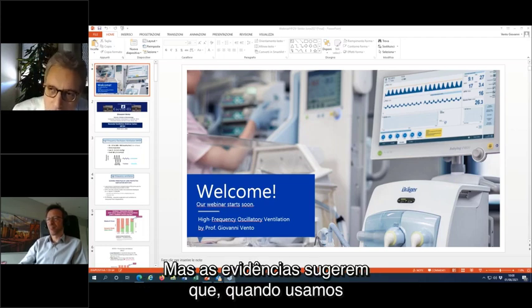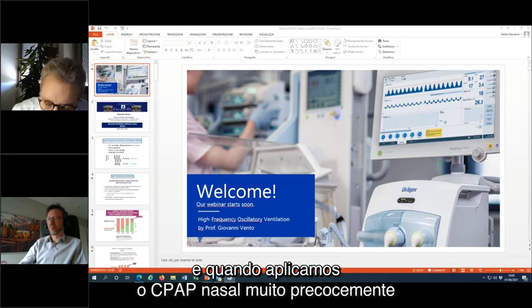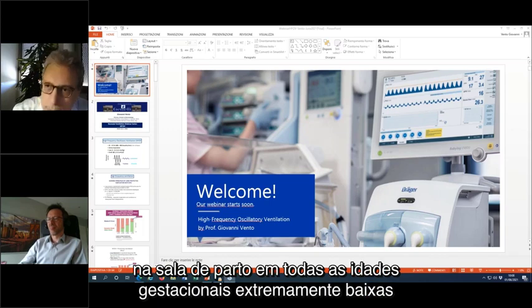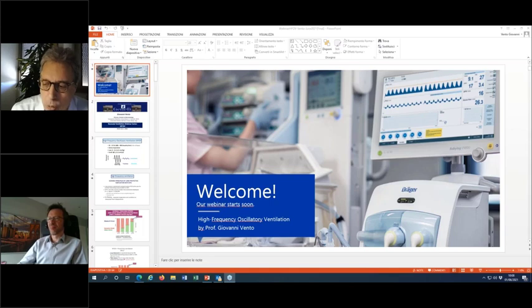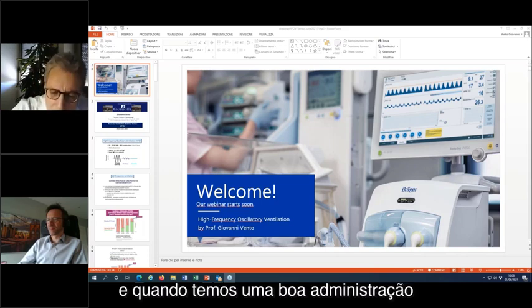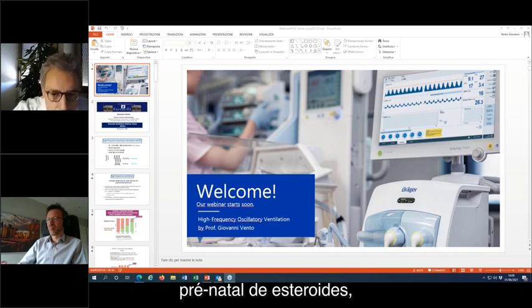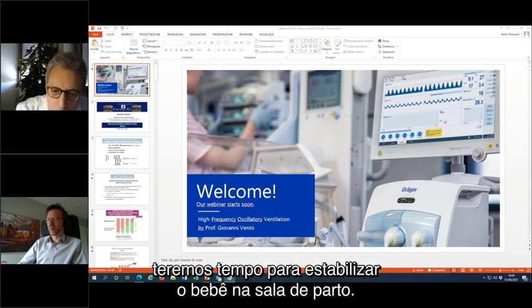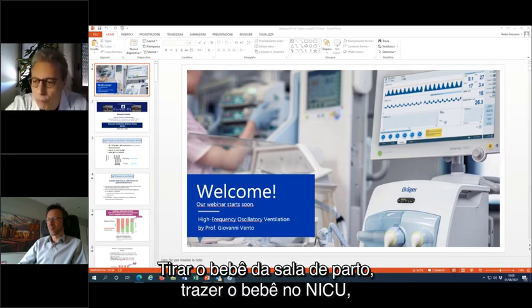But evidence suggested that when we apply very early nasal CPAP in the delivery room to all the extremely low gestational age babies, to promote the functional residual capacity, and when we have good prenatal steroid administration, we have the time to stabilize the baby in the delivery room and bring the baby to the NICU.